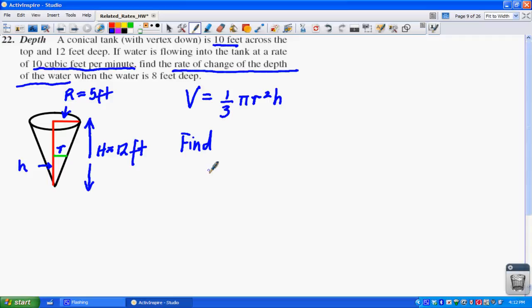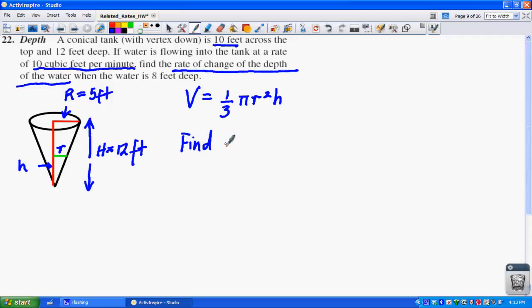Well, it's going to be given by little h, which determines the depth of the water that's flowing into the tank. That will give you the depth of the water at some point in time. Since it's going up, the depth of the water is changing, so we need to find the rate of change of the height of the water, or the depth. I called it height, but it's really the depth.